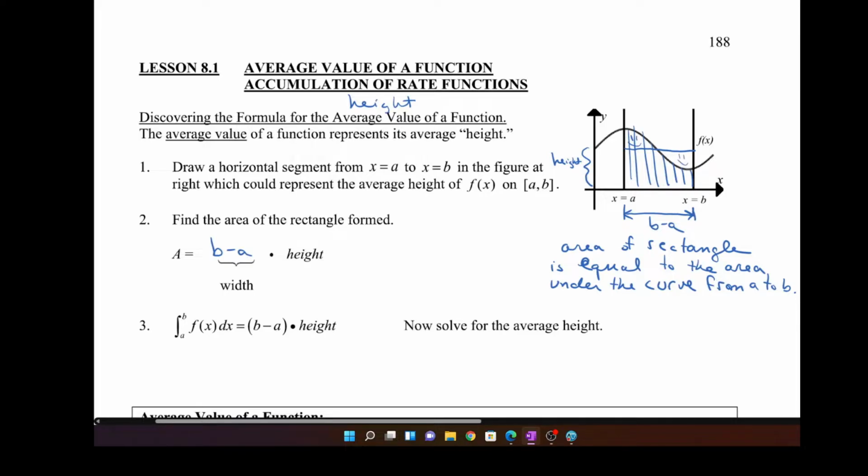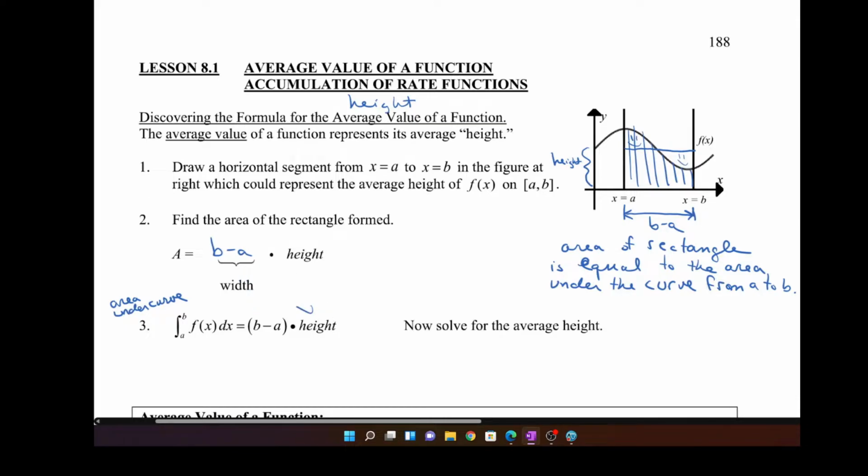So that's the area under the curve. And then we're just bringing down the B minus A and the height.